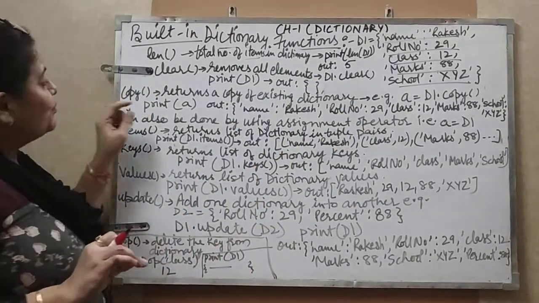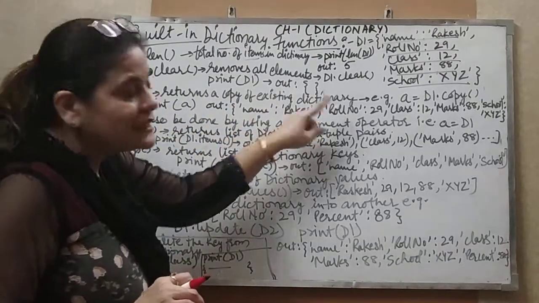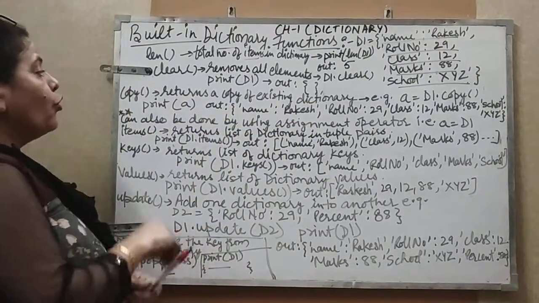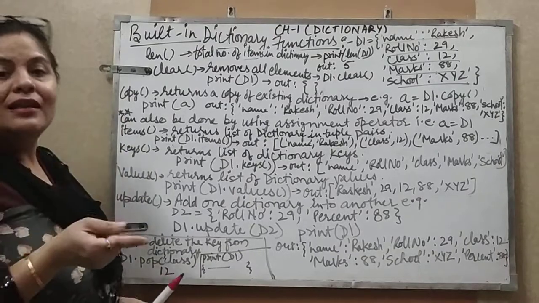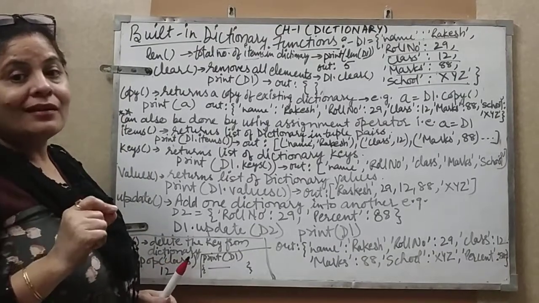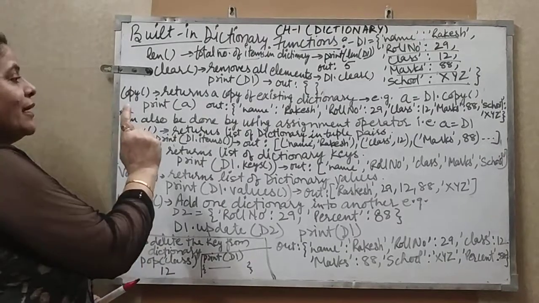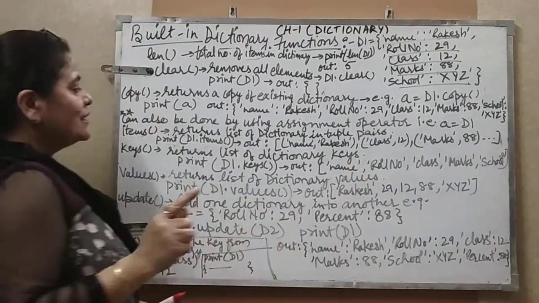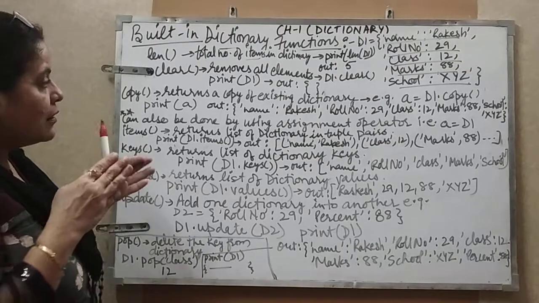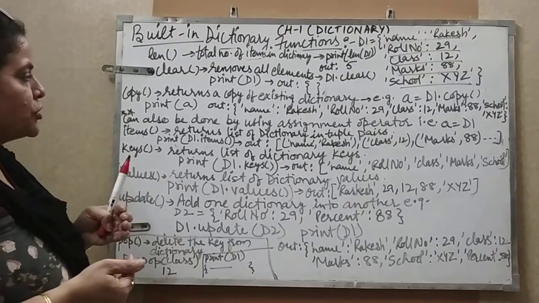Copy function means returns a copy of an existing dictionary. We have already done this in list also, where we said that we can make a copy of a list in two ways. The first way was by assigning the value to it, and the second way was that we can use the copy function for the same.